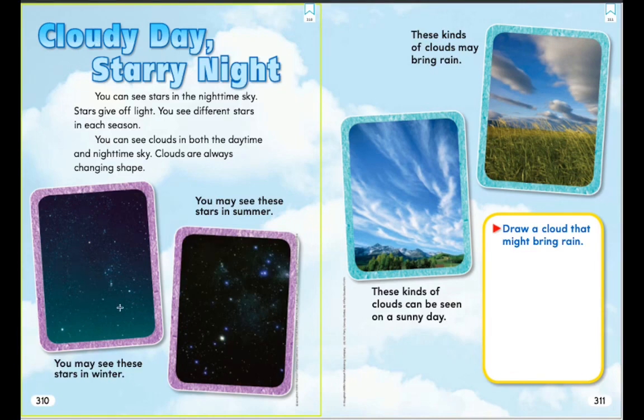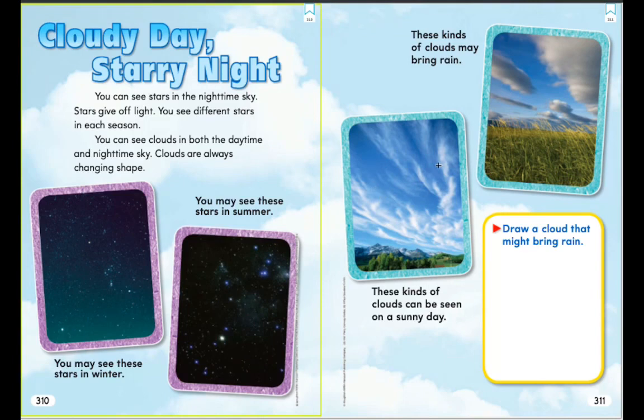In winter, they look light, really light, and they don't shine bright. But during the summer, they are bright and they shine really bright. In winter it is whitish. Over here, it is dark blue.